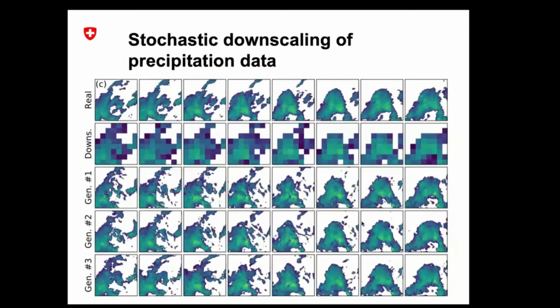I won't go into too much detail on this, but we can also see another complex structure of precipitation, where we have a mix of more large-scale precipitation and then some cell-structured precipitation, and we see that the GAN can actually manage this quite well, that the mode of precipitation changes in the images.